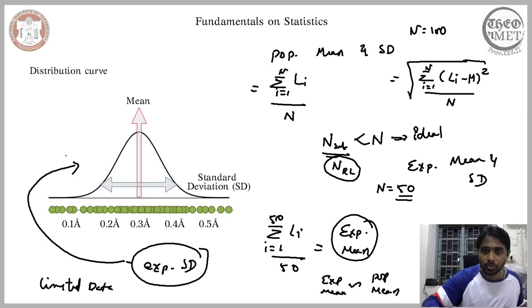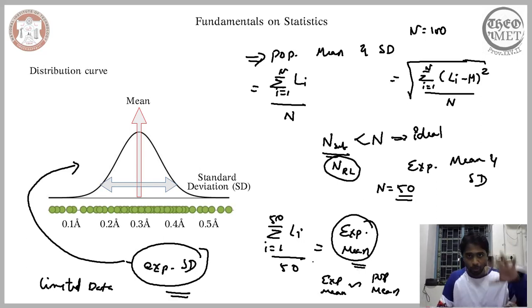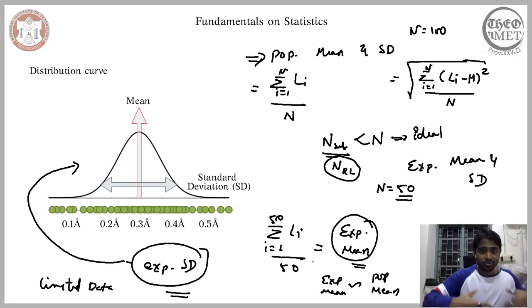So I hope you are able to understand the difference between the population mean and standard deviation and this expected mean and standard deviation. Often we will be operating in the range of expected mean and standard deviation, and as the size of the population increases, we will get closer and closer to the population. The expected values will be closer and closer to the population mean and the standard deviation.